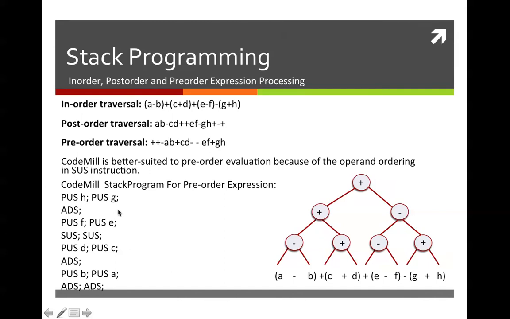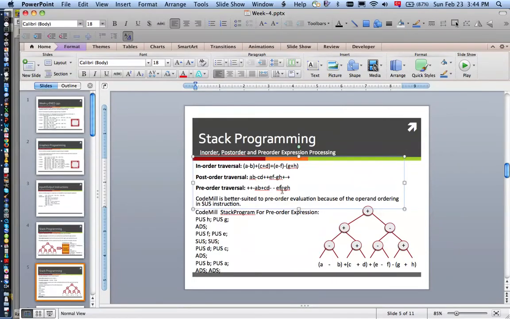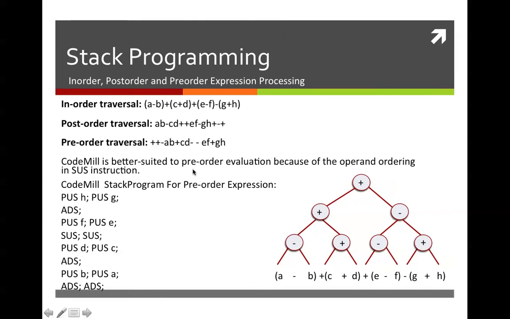Let's see, I think there's something missing here. Just a minute. It's supposed to be, since I'm actually pushing on the left, no, that seems to be correct. So then I think maybe what I said is not quite correct, just to say that the pre-order actually, we must be subtracting the top element from the bottom one.